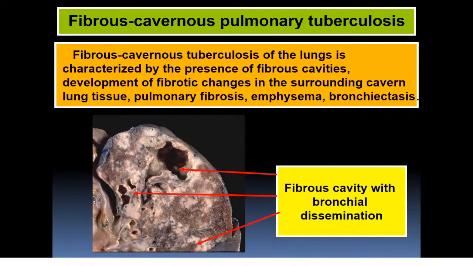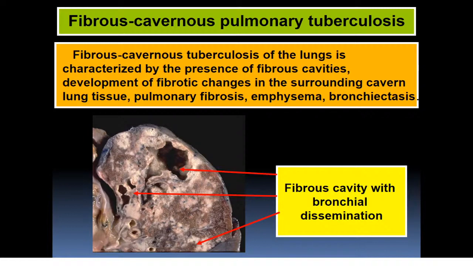And on photo in the left side, you can see a fibrous cavity with bronchial dissemination. That's why around the cavity, many white dots.